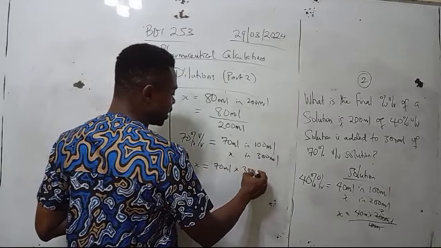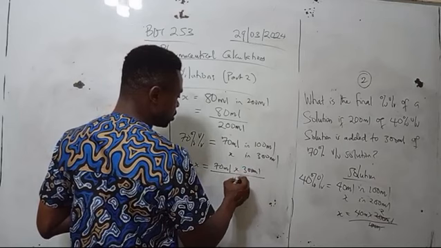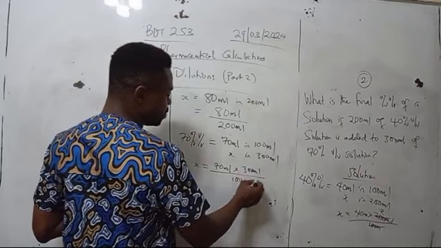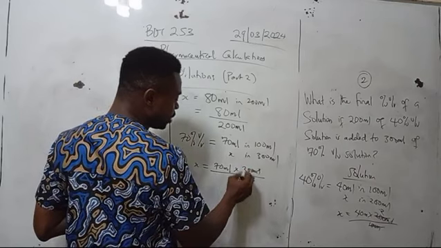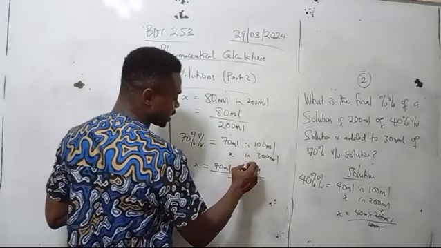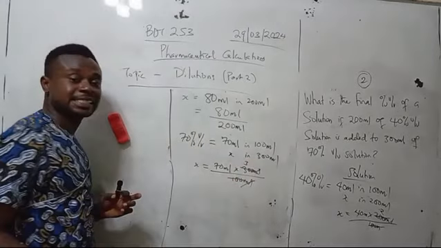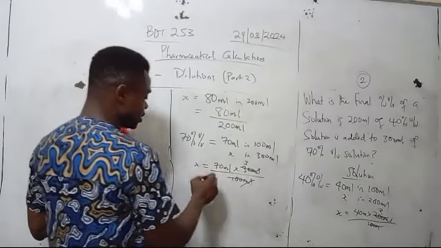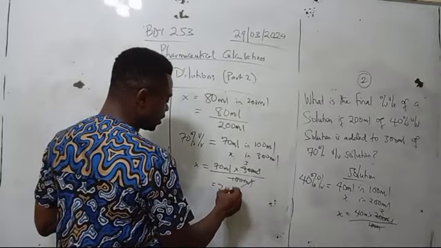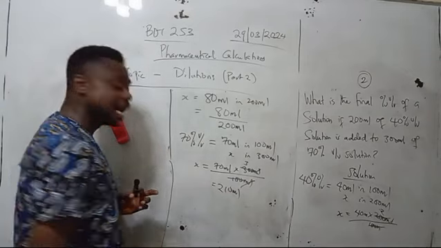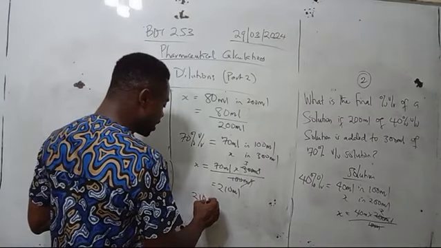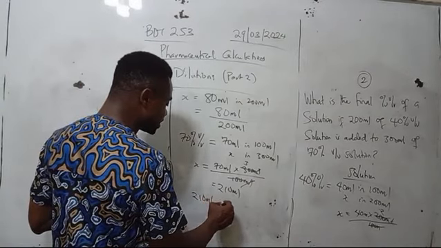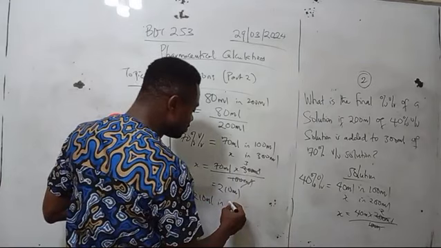If you now combine the first solution and the second solution, we have something like this: 80 ml in 200 ml plus 210 ml in 300 ml of the product. This is what you get.